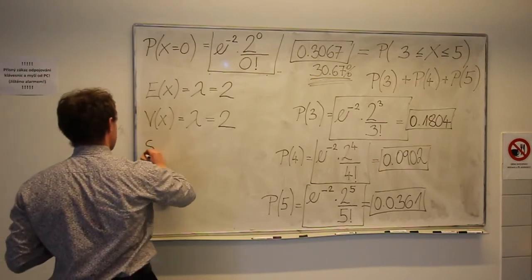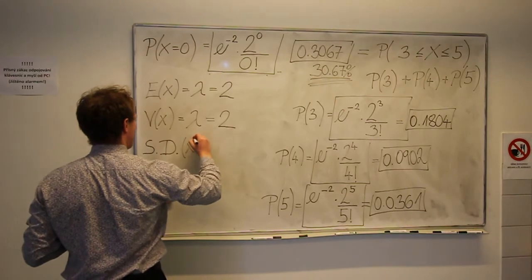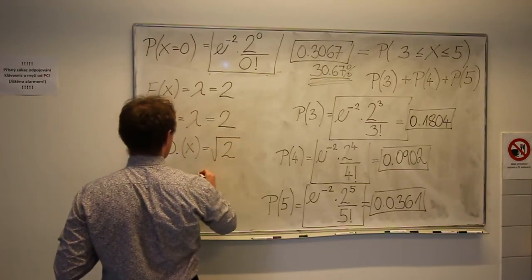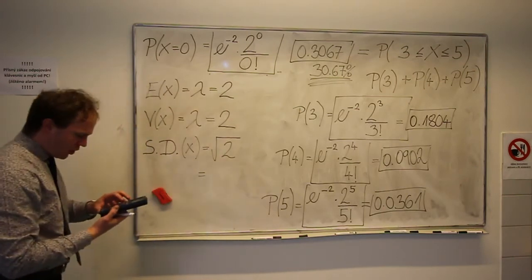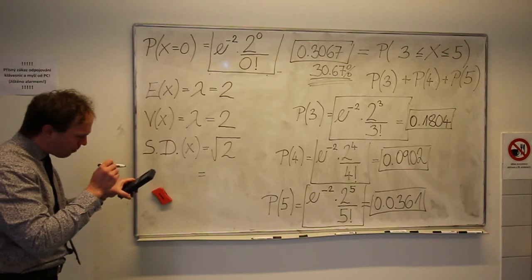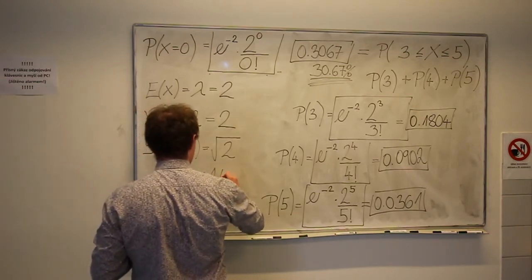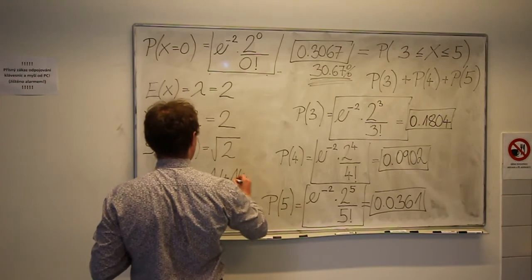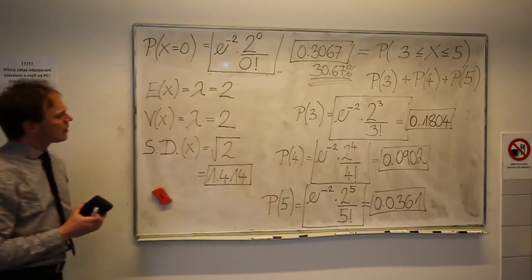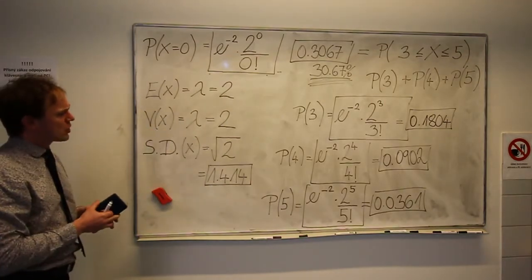So it's also possible to calculate standard deviation of random variable x, like square root from 2, and the standard deviation square root from 2 is equal to 1.414. So this is calculated the standard deviation. So that's all.